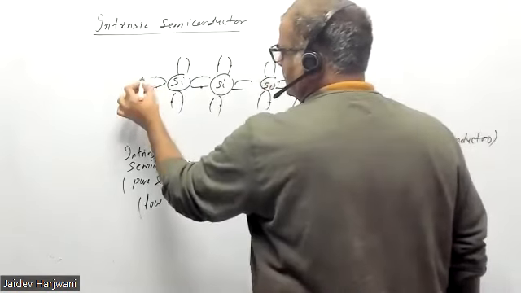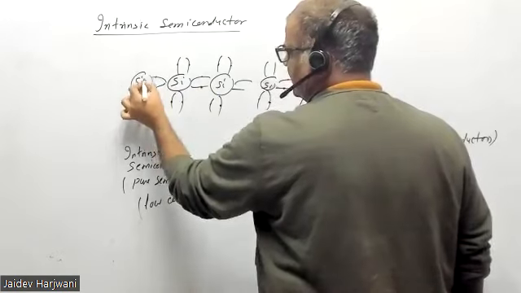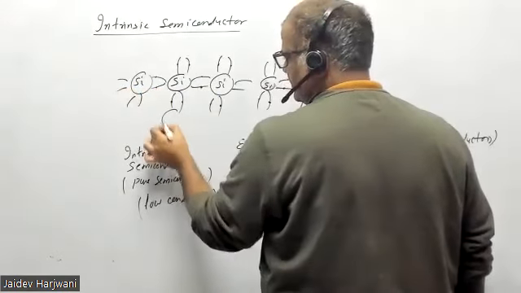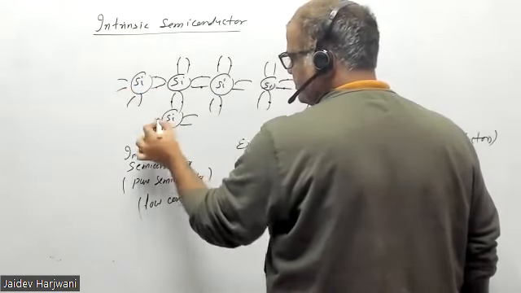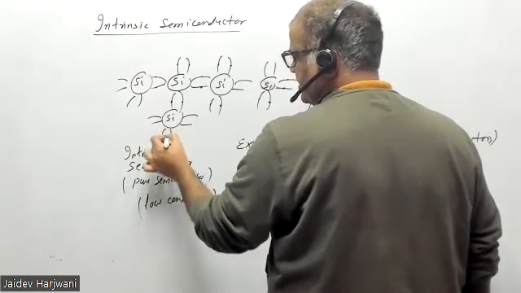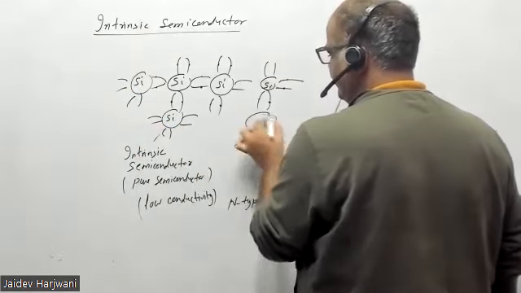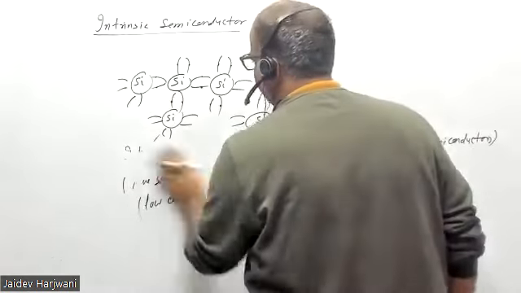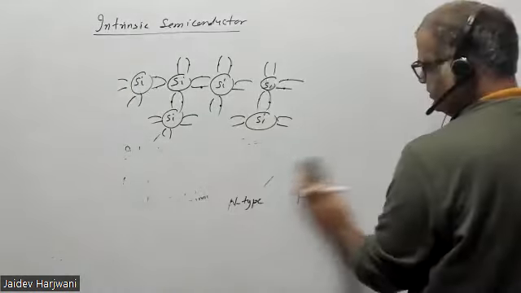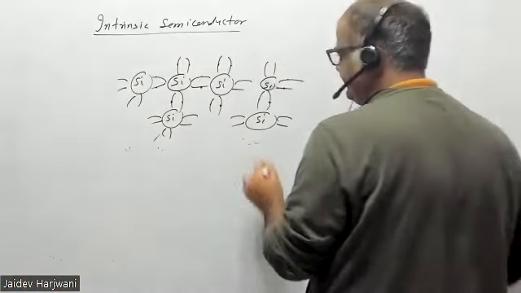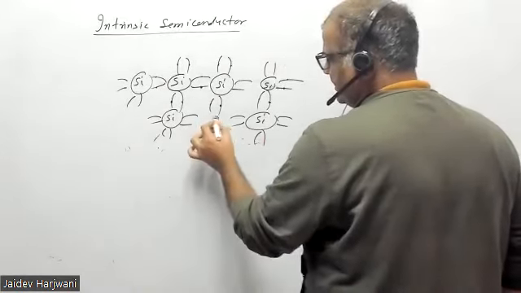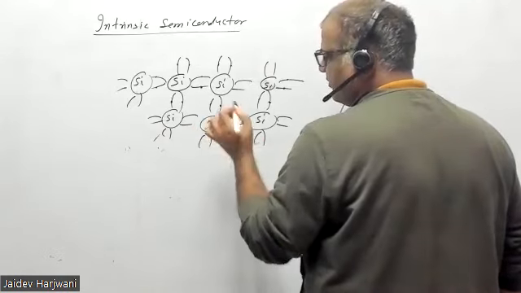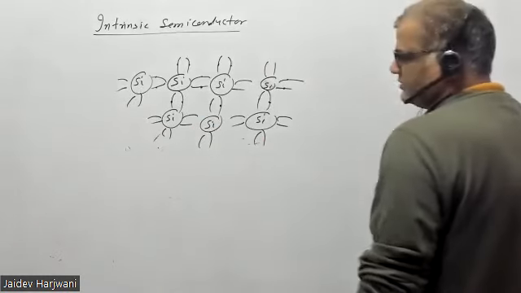Say here we have one more silicon atom, here one more, and here one more. You can understand each silicon atom is surrounded by 4 other silicon atoms.